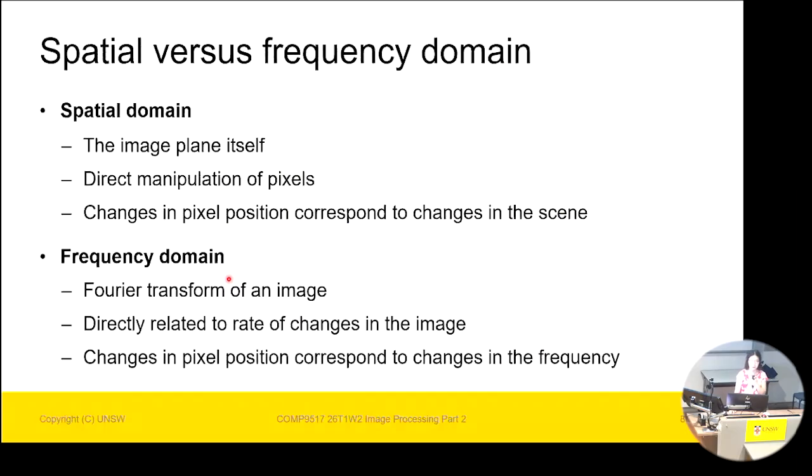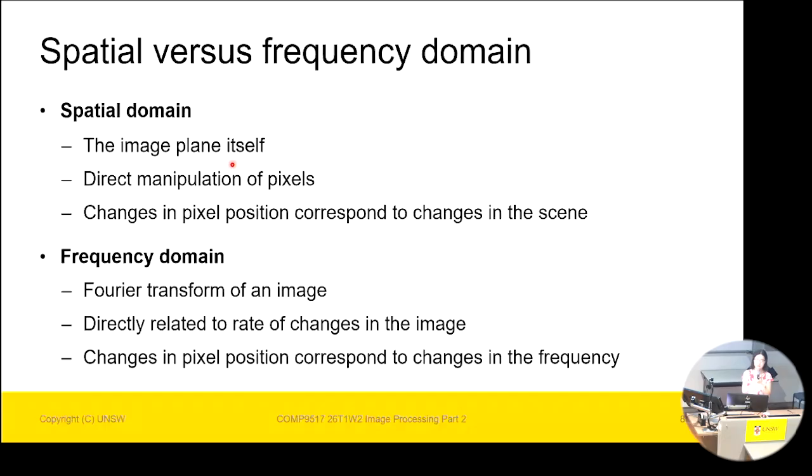Okay. So here's a summary of the differences. We consider the spatial domain very straightforward. It's the image itself. Whatever image we see, we represent it as a 2D matrix to approximate what we see in real life.